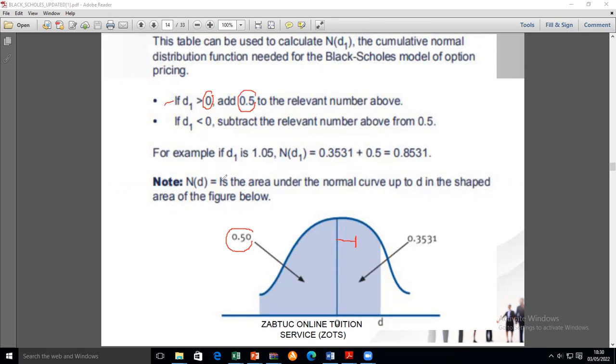If D1 is less than 0, meaning that you are somewhere here, subtract the relevant number above from 0.5. Whatever number you have, you remove it from 0.5. Then it will give you this distance here. Now our numbers are above 0. So let us read them from our graph together.